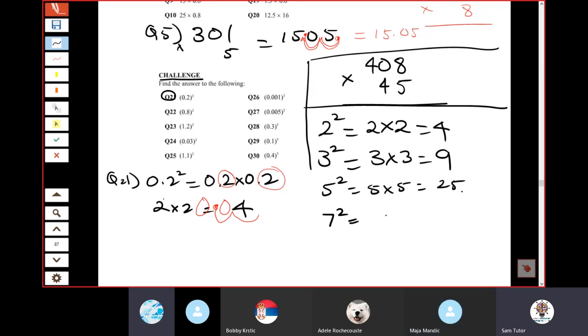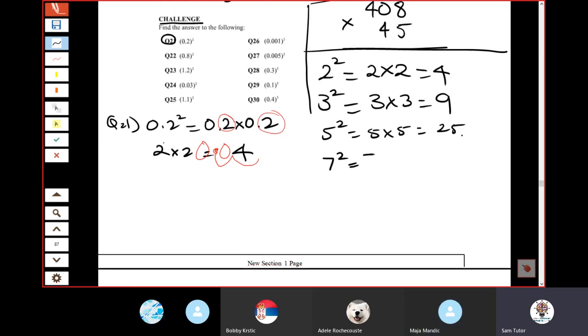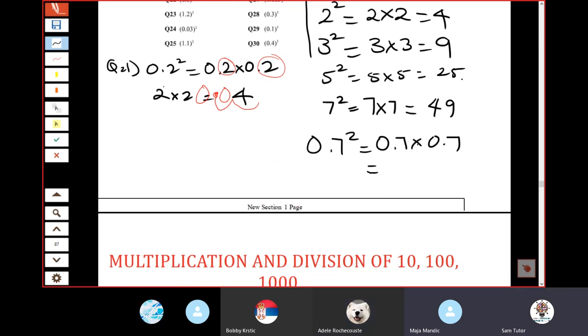What's 7 squared? 7 times 7, which is 49. So then what's 0.7 squared? That'll be 0.7 times 0.7. Would the answer be 0.49? Yes, you do 7 times 7, which is 49, and then because you have 1 decimal place and 2 decimal places, you go back twice, which becomes 0.49.